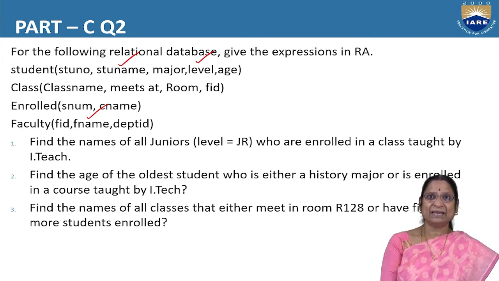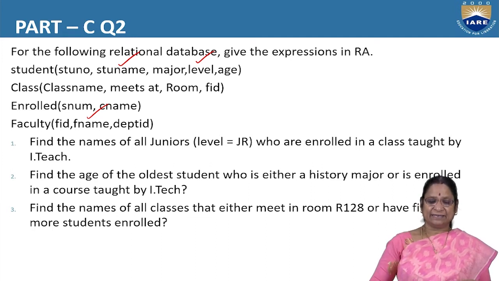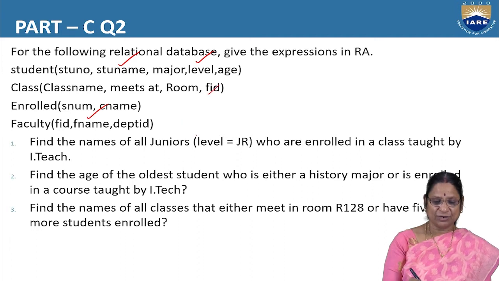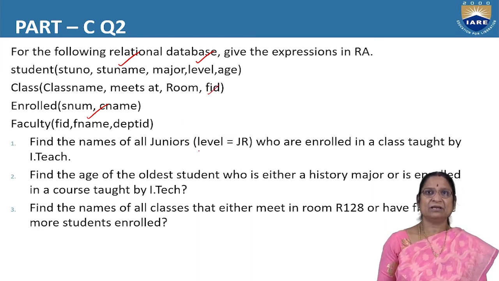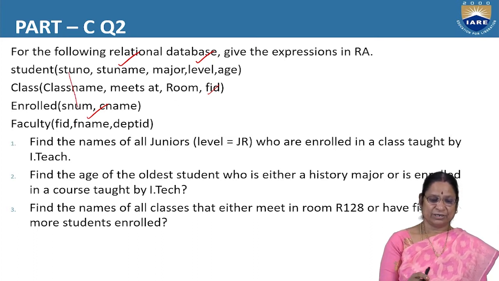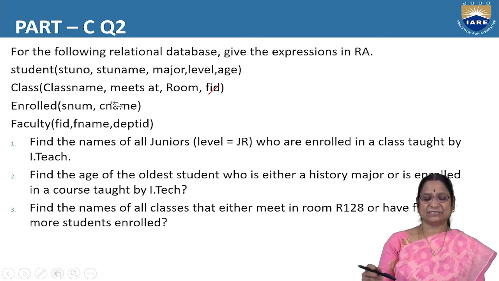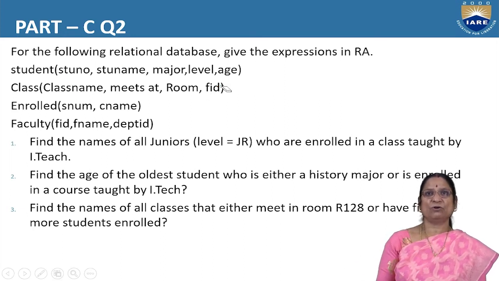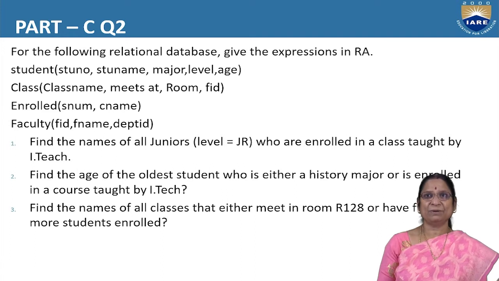But these two must be connected. How are these two connected actually? Faculty ID is connected with the class, and the student number is connected with the class through enrolled. So faculty ID can be mapped here, and student number is going to be mapped with our student. So four relations are required. Explicitly it seems to be two relations, but these two relations cannot be joined because they don't have any common attribute.